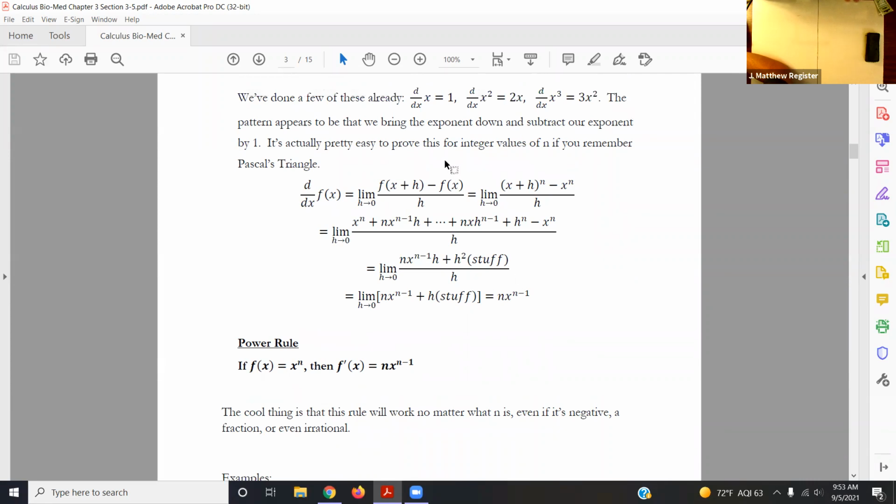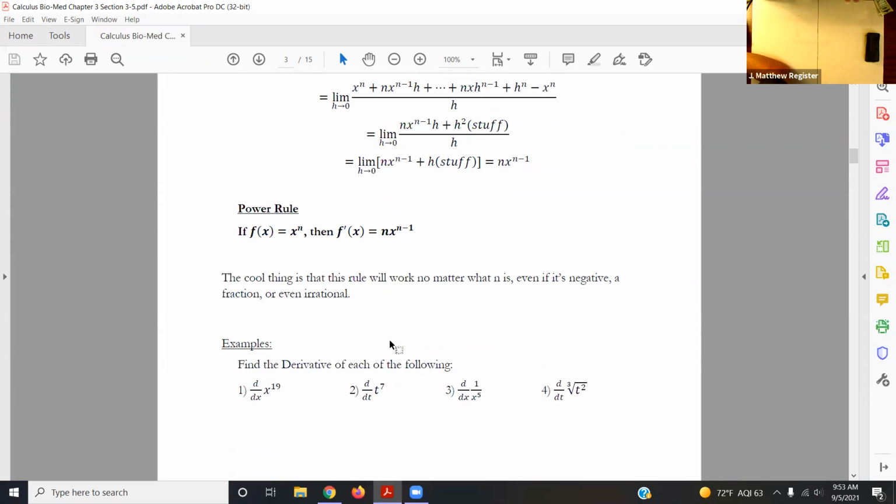Now, here's the thing. This proof that's right here is only really for integer values or natural number valued exponents. But the cool thing is this will work no matter what n is. Even if it's negative or a fraction or an irrational number, this rule still works. And here's some examples. Let's try these examples real quick.